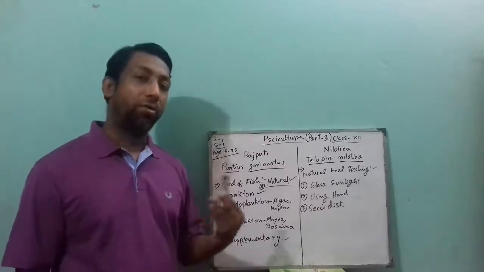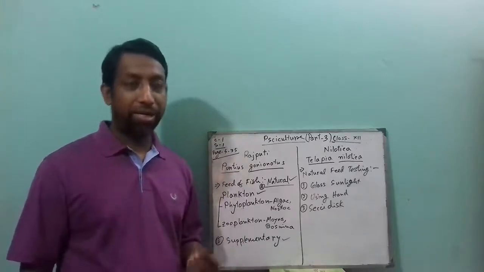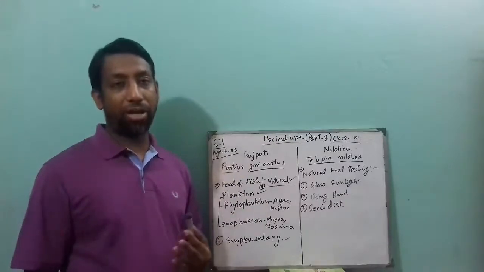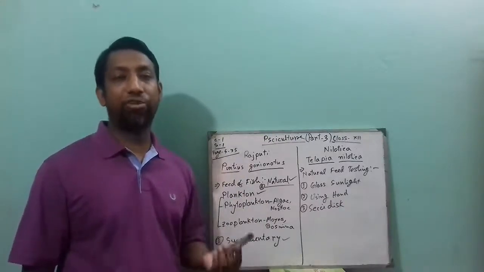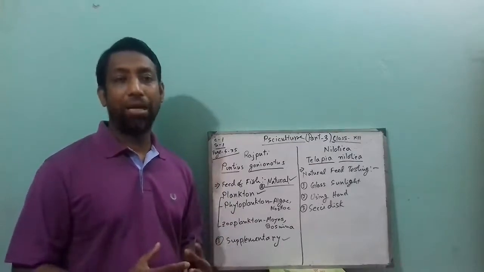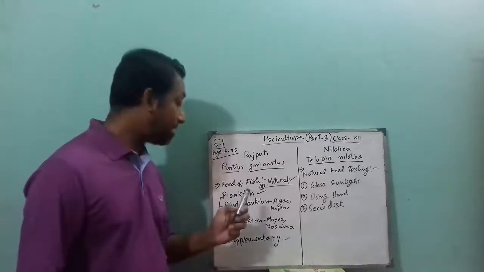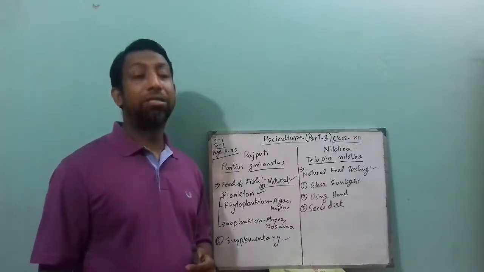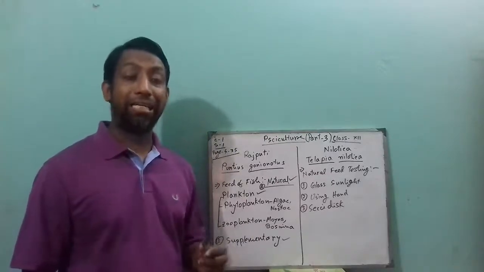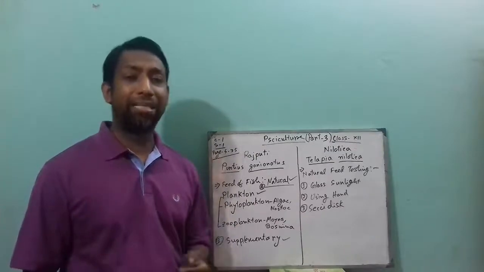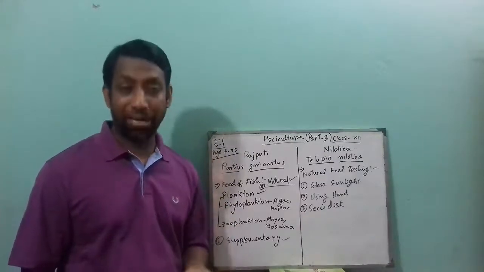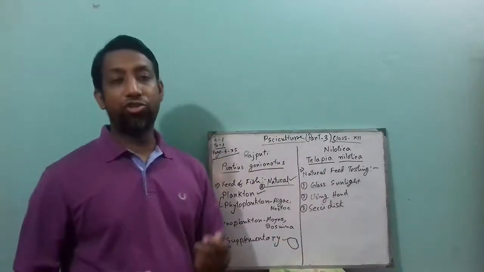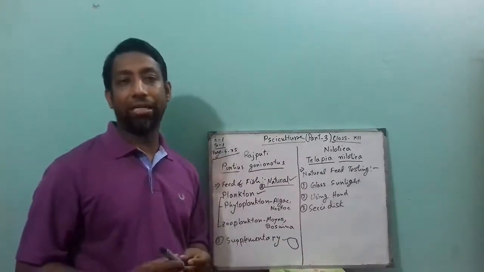Wheat husk, rice bran, then oyster shell powder, bone meal powder, then blood meal powder, dry fish powder, and mix it up, and you can make the supplementary feed. When you apply supplementary feed in the pond, you can make it in pellet or tablet format, like this, round shape or square shape, whatever you like.